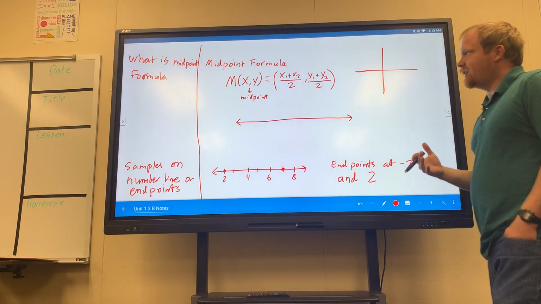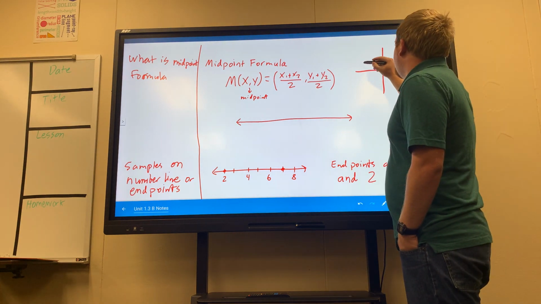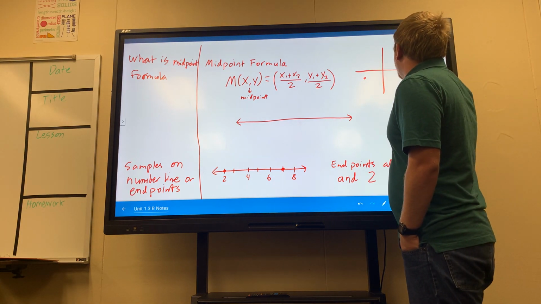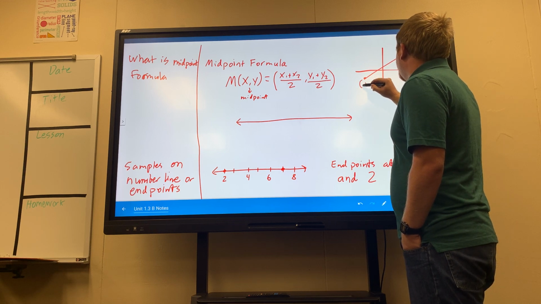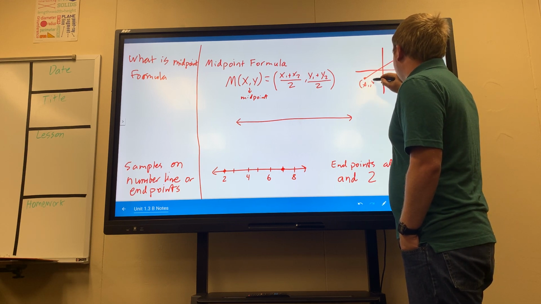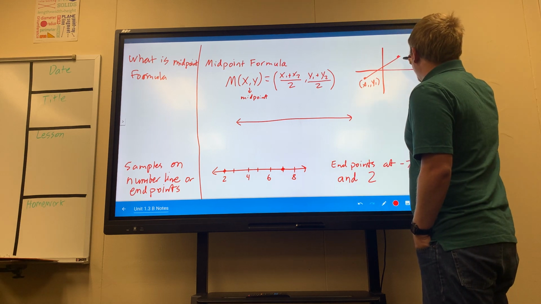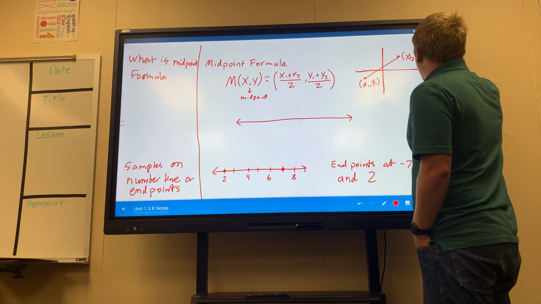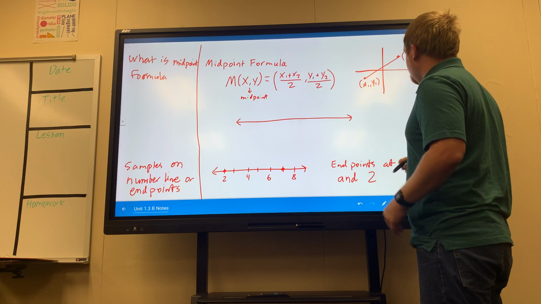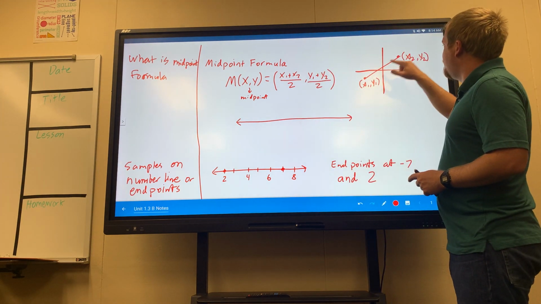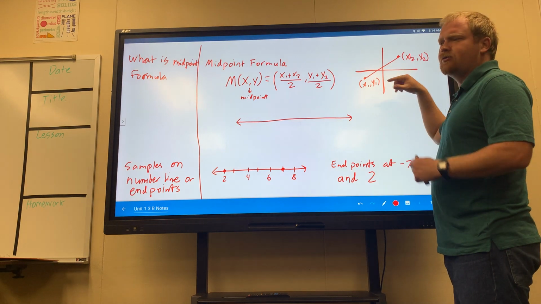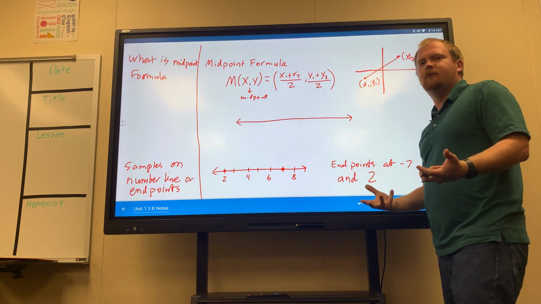So basically the idea is that if we're given 2 points here, say this is (x1, y1), this is (x2, y2), if we take the average of both the x values and the y values, we actually get the midpoint.